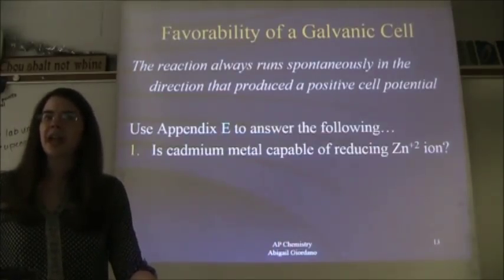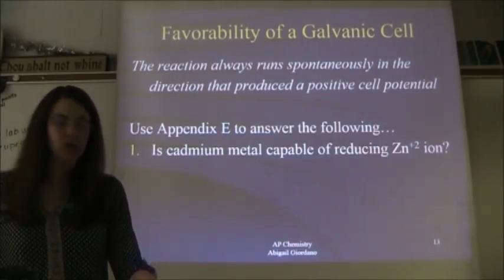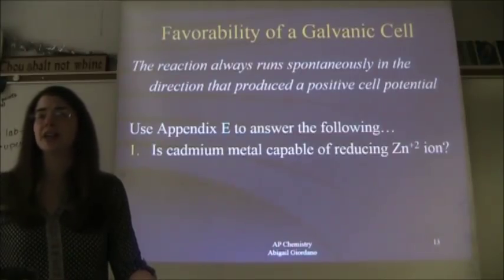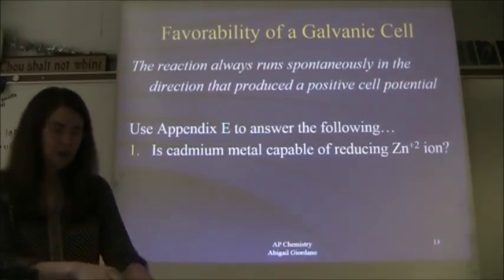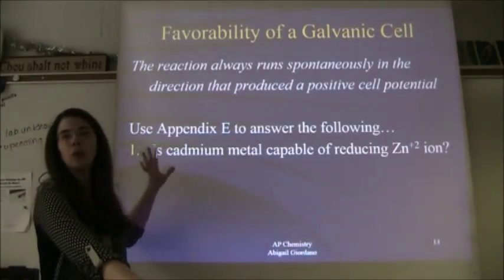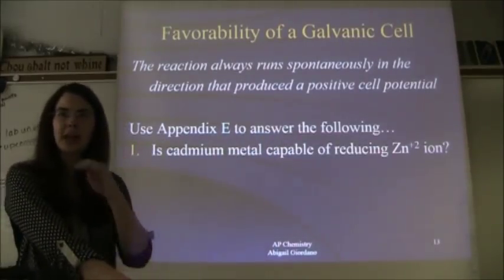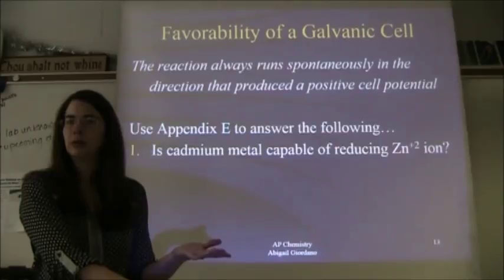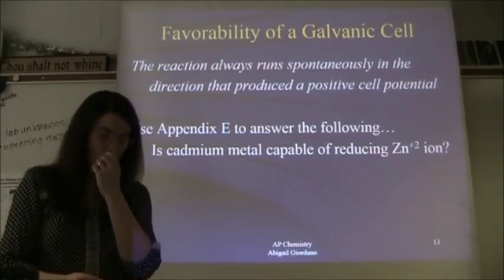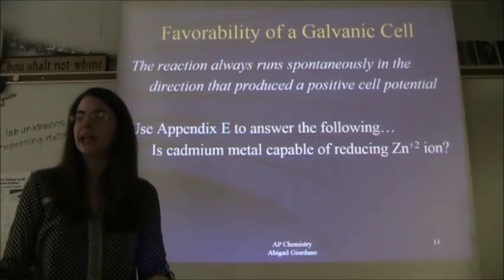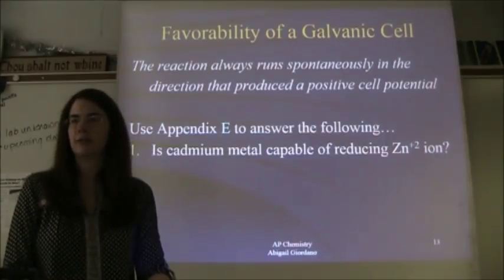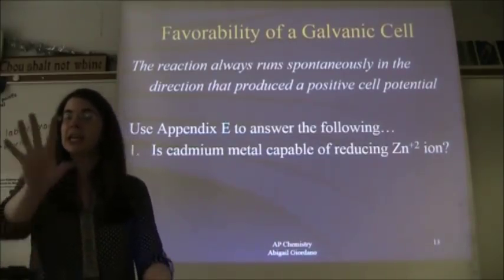Is solid cadmium in that reaction on the reactant side? Yes or no? No. Well, it has to be. If I am asking you, will this react with that, that means it needs to be on the reactant side. So how do I fix that problem? Okay, flip it. What happens to that number, negative 0.403? Becomes positive.